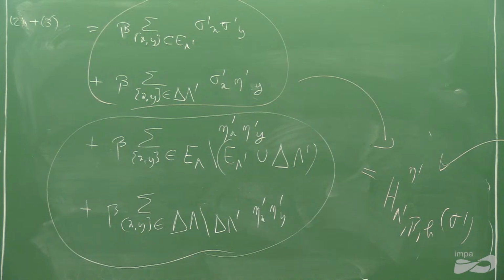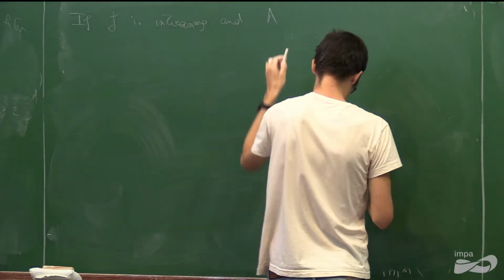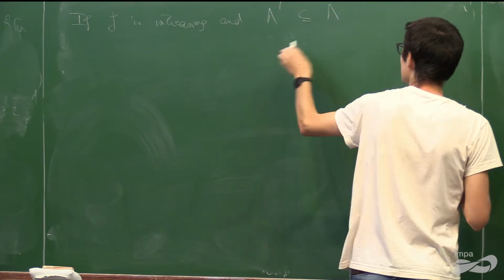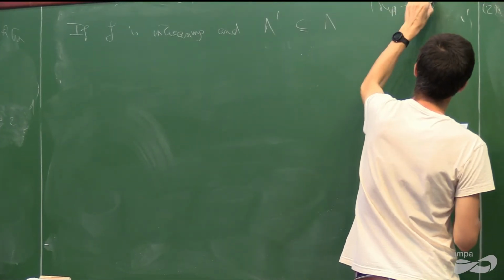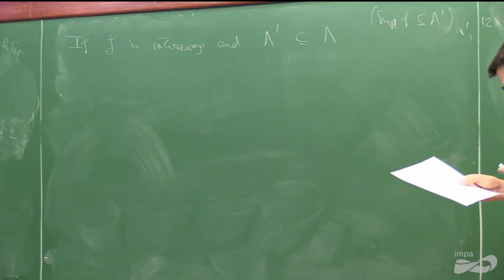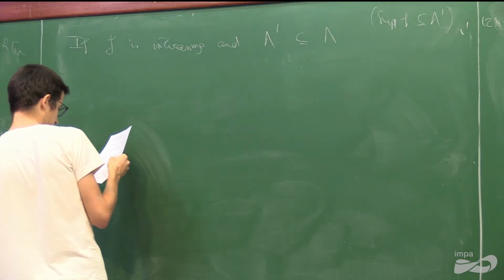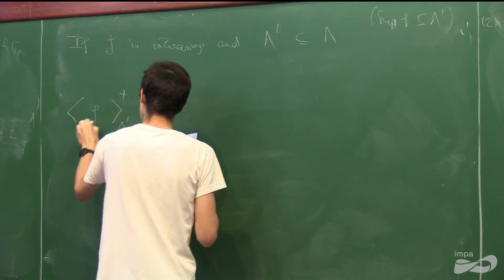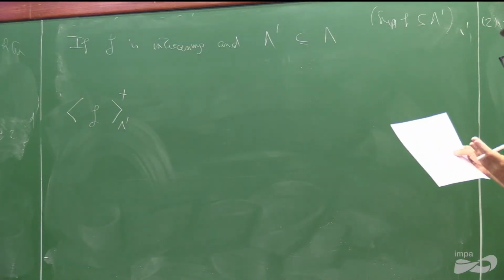If f is increasing and lambda prime is included in lambda, and the support of f is included in lambda prime, then what I have is that if I look at f plus lambda prime, let me not write beta and h so that I can have a board which is a bit cleaner.